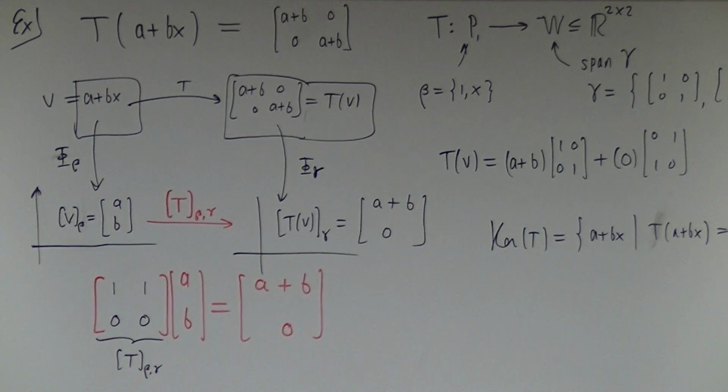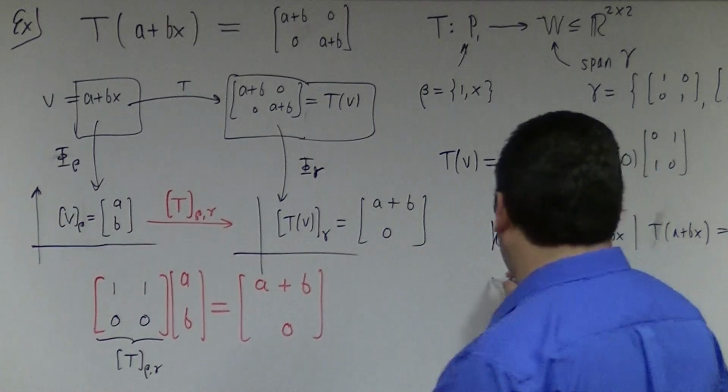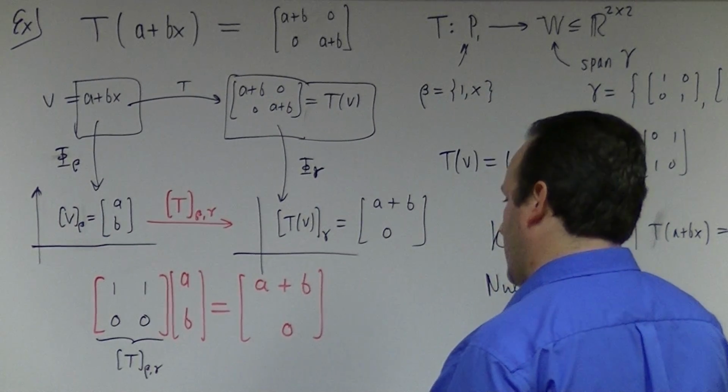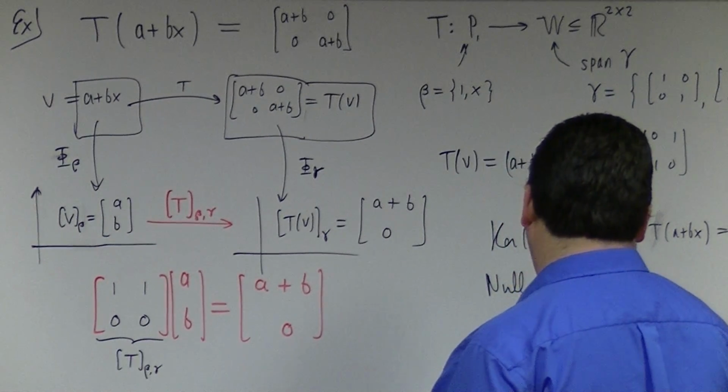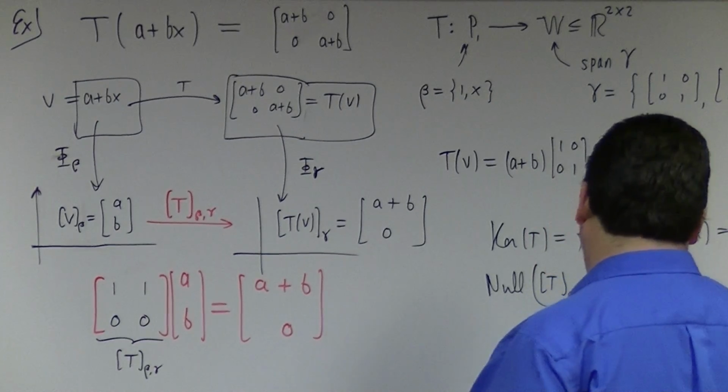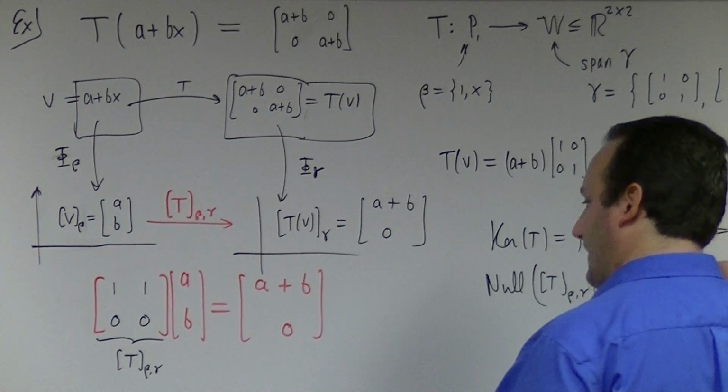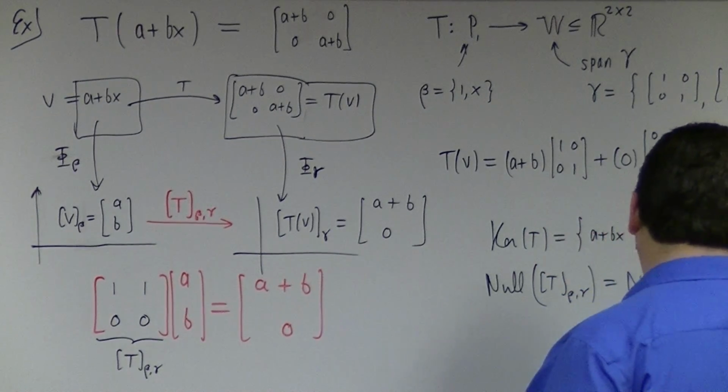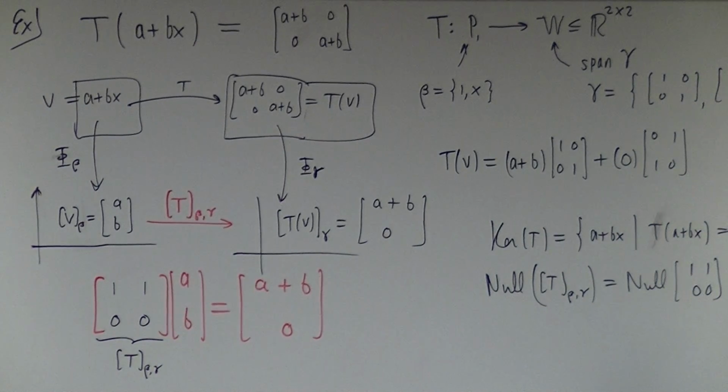Fine. How about the null space of this matrix? What's the null space of the matrix T beta gamma? So basically this tells us x1 plus x2 is 0.